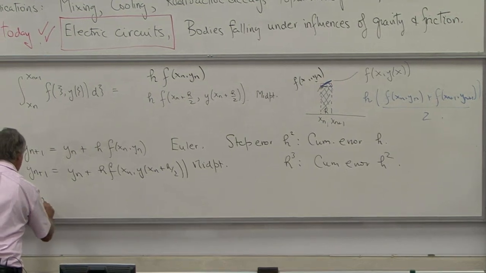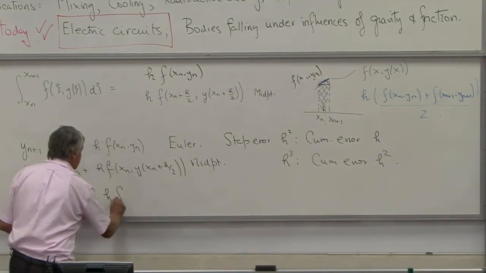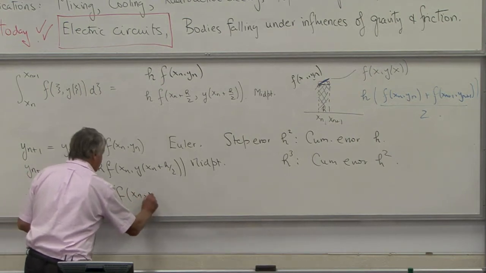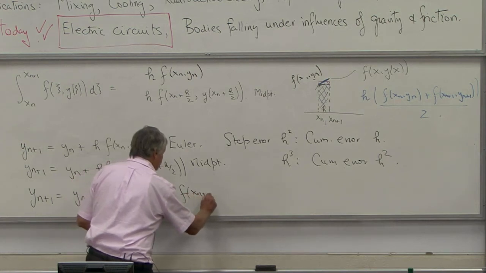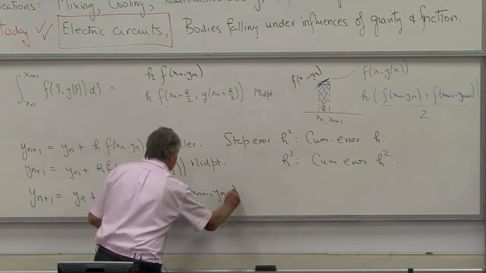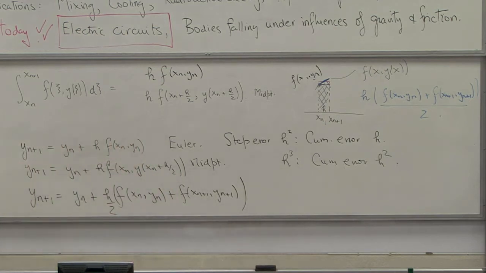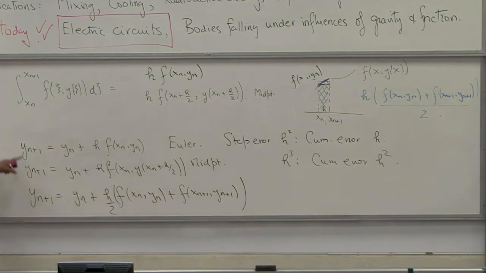So yn plus 1 is yn plus h over 2 times that sum. Now, can you tell me why this is less desirable than Euler?